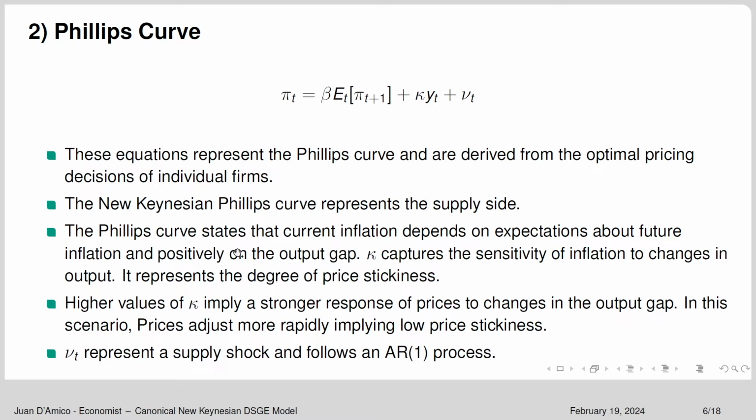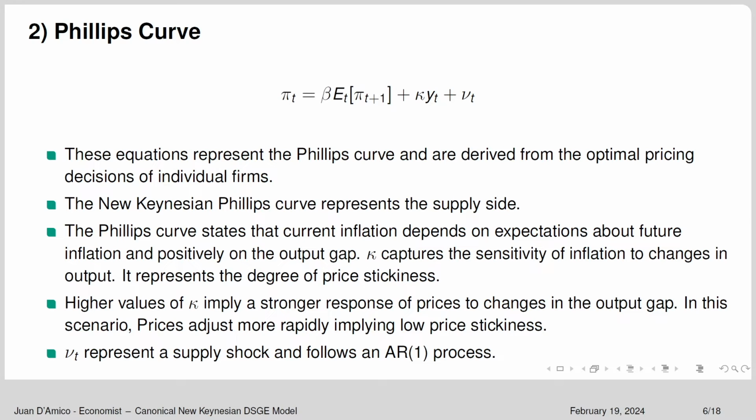The Phillips curve states that current inflation is going to depend on expectations about future inflation, and is also positively impacted by variations in the output gap. This kappa captures the sensitivity of inflation to changes in output.